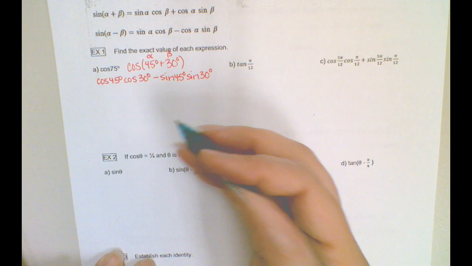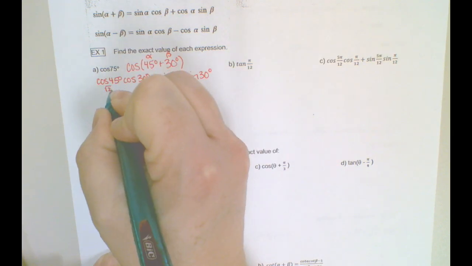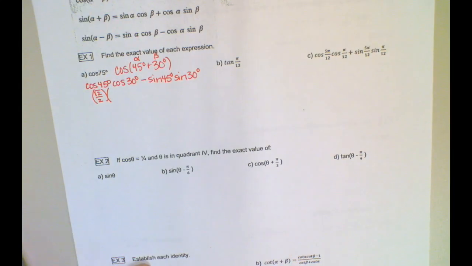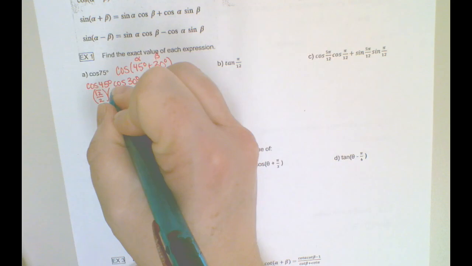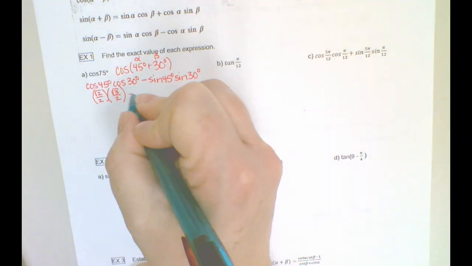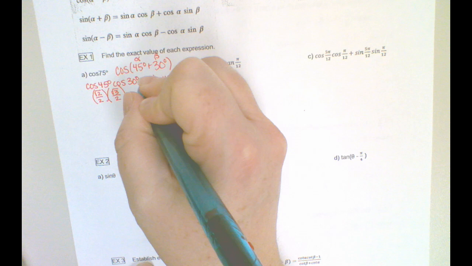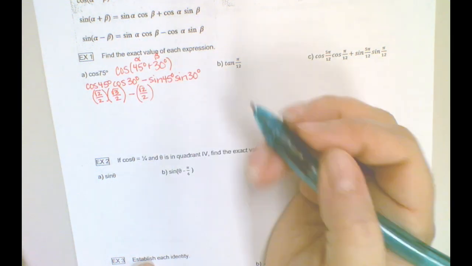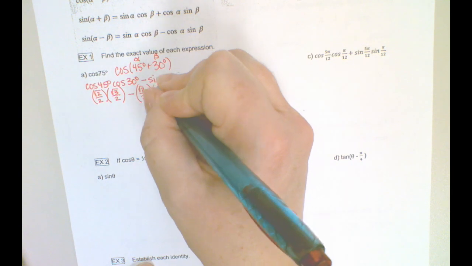Cosine of 45 degrees is radical 2 over 2. Cosine of 30 degrees is radical 3 over 2. Then I've got minus sine 45, which is radical 2 over 2, and sine 30, which is 1/2.